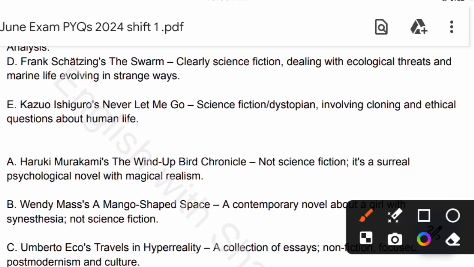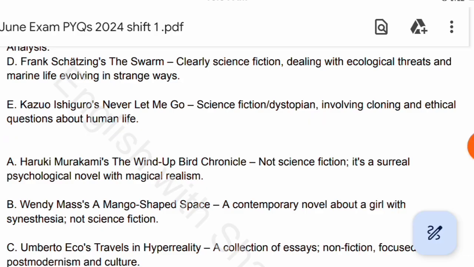Frank Schätzing's The Swarm is clearly science fiction dealing with ecological threats and marine life evolving in strange ways. Kazuo Ishiguro's Never Let Me Go is dystopian science fiction involving cloning and ethical questions about human life. Haruki Murakami's The Wind-Up Bird Chronicle is not science fiction, it's a surreal psychological novel with magical realism.